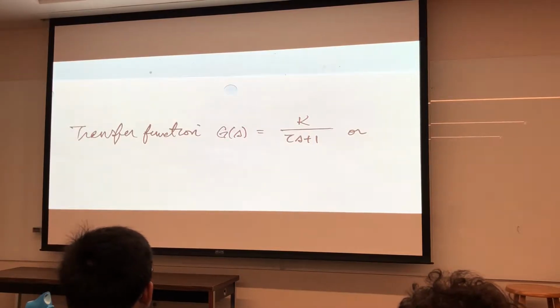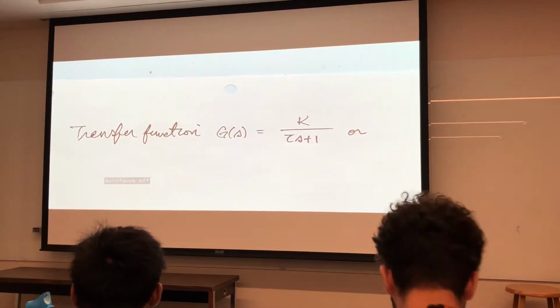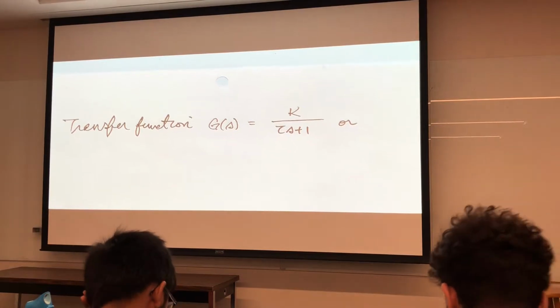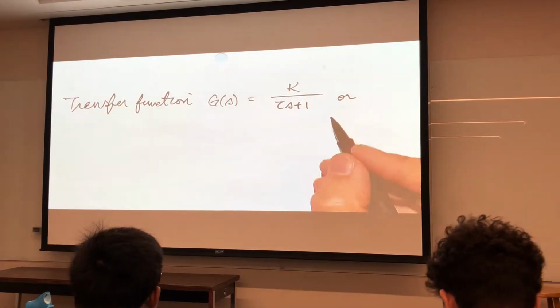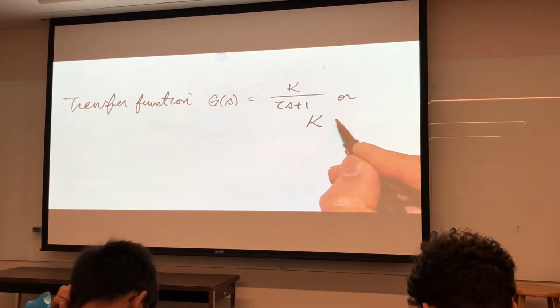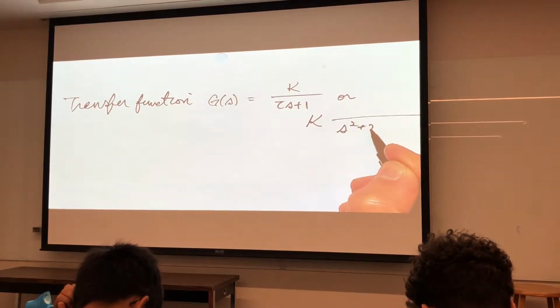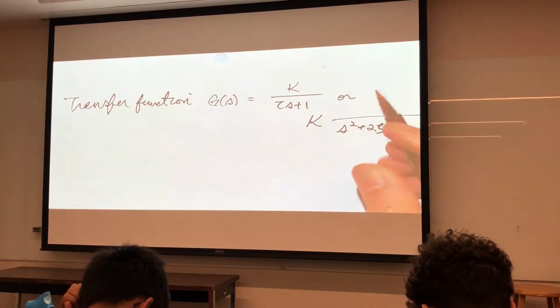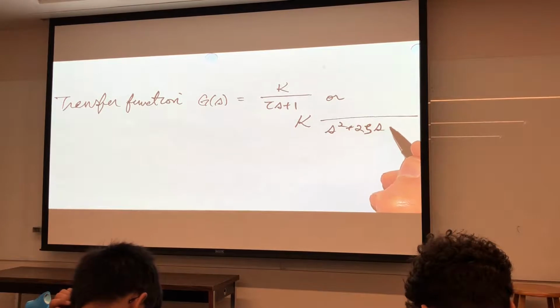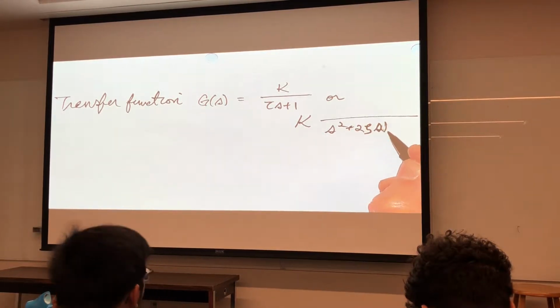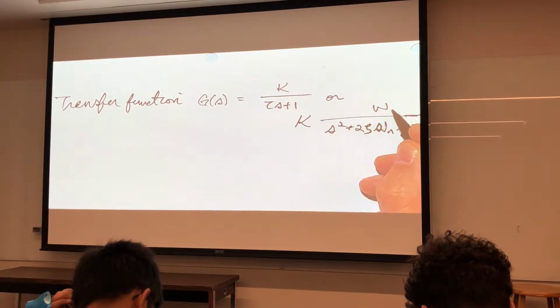The second case is second order, something like this. And we talked at length about this funny Greek letter, omega n squared over s squared plus 2 zeta omega n s plus omega n squared.